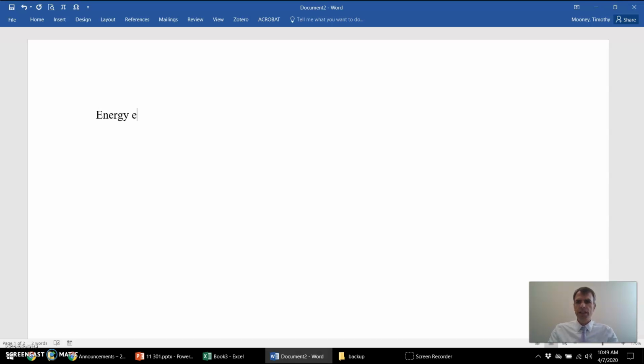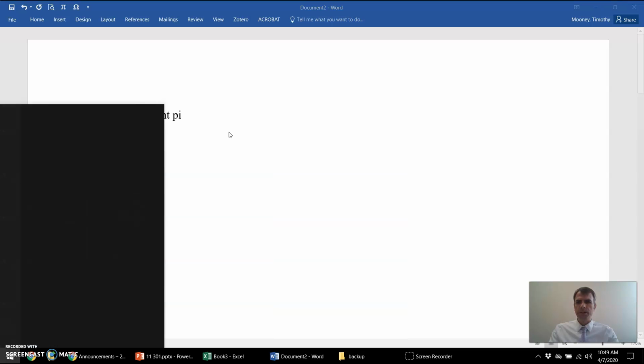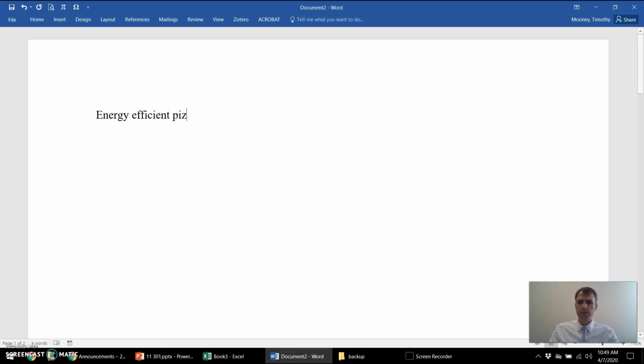So, an energy efficient pizza oven. Potential capital project. It costs $10,000 total and lasts for 20 years. So you pay $10,000 for it up front, and it lasts for 20 years.